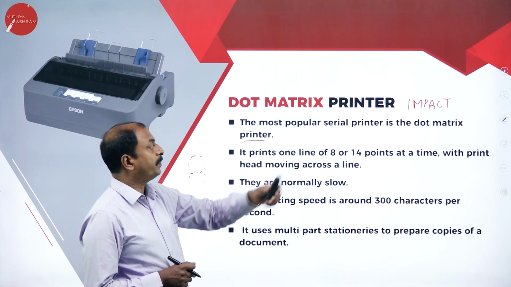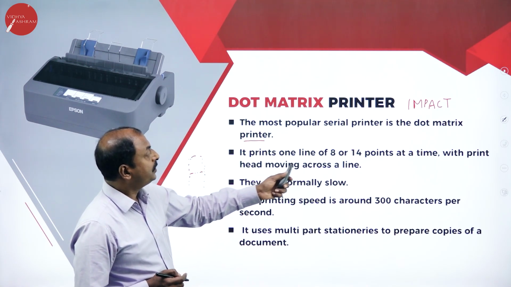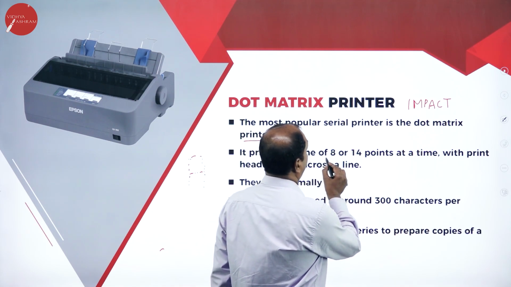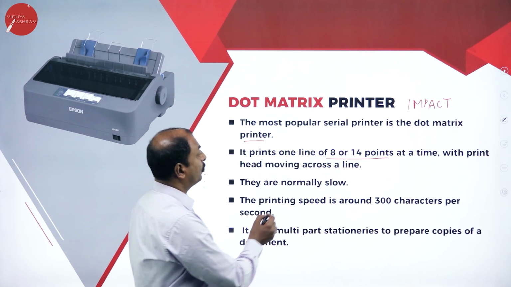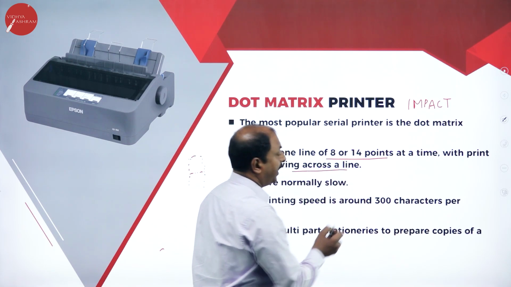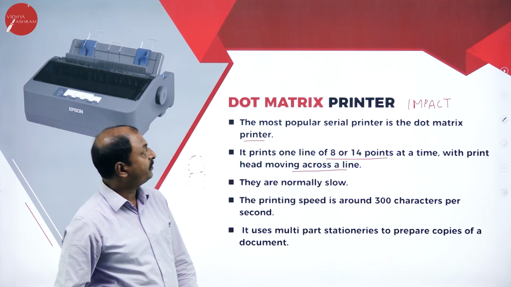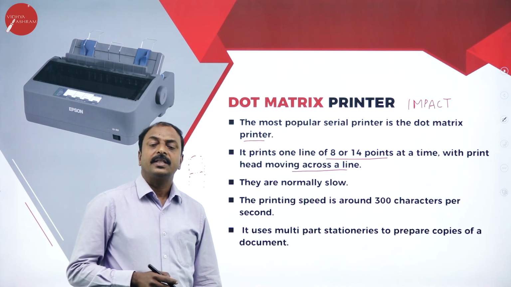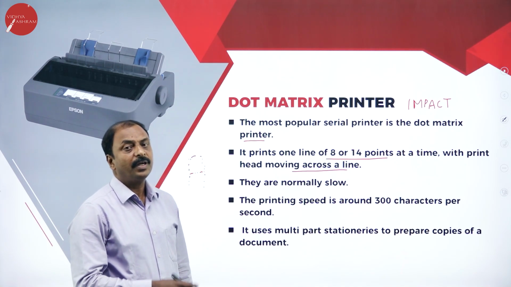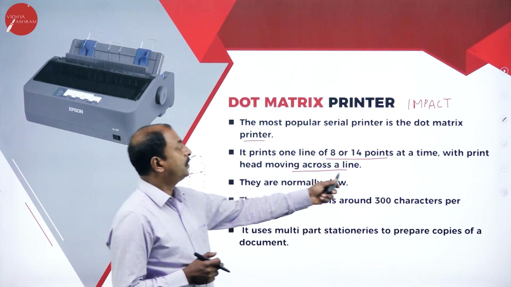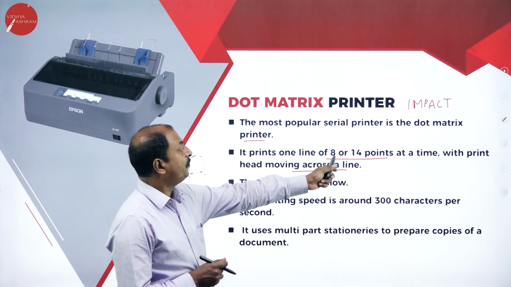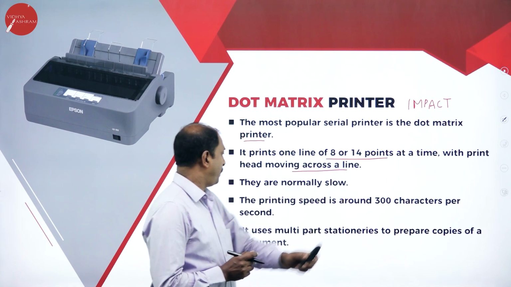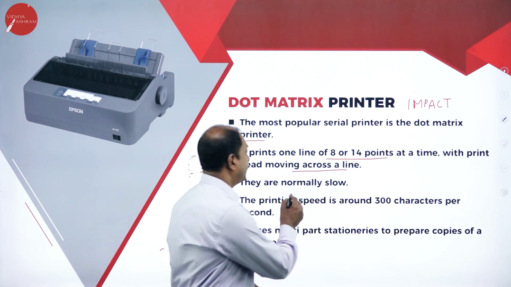So that is a dot matrix printer, and it prints one line of 8 or 14 points at a time with the print head moving across a line. And there is a print head, as we have seen in the impact printers. That print head moves from left to right and right to left. And they are normally very slow.